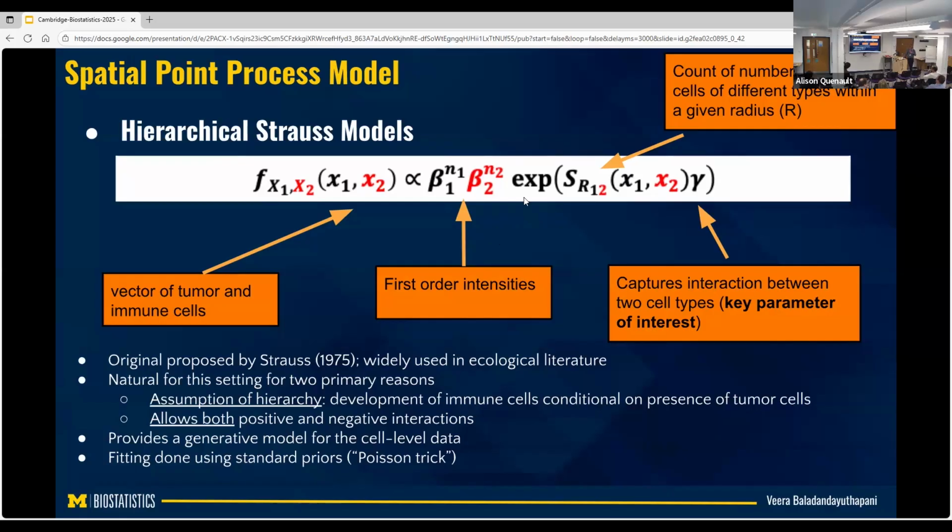It's complicated if you work directly with the likelihood, but as a reasonably good approximation you can fit it using a GLM. You can run a standard GLM, and that's called the Poisson trick. Basically you're estimating regression parameters. We have 3 regression parameters: the prevalence of cell type 1, the prevalence of the other cell type, and the third gives you the interaction. It's that simple.